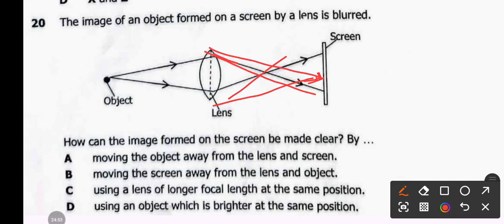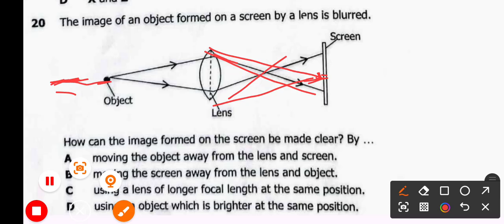So for us to do this, we have to take the object much further. If we take the object much further, this means that the distance of the image from the lens will also increase. So which option says moving the object away from the lens in the screen?